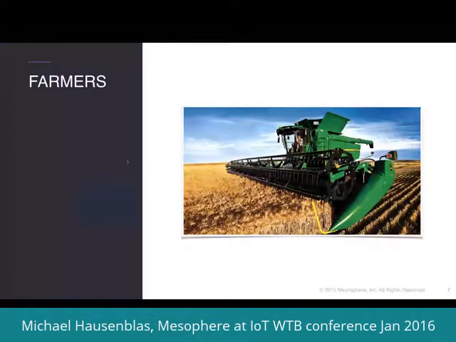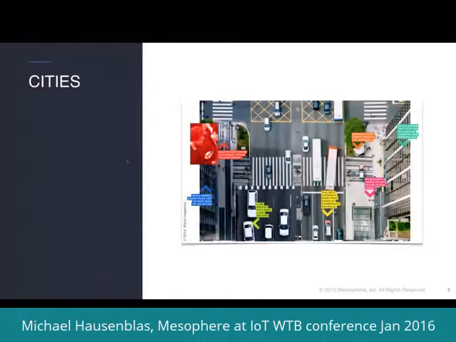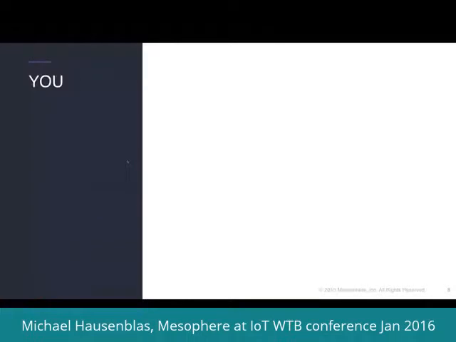The farmers, they have a lot of data in their daily routine, and again, the same motivation to optimize the way things are done. Smart cities, anything from flow control over parking, optimizing the ways the city is used.